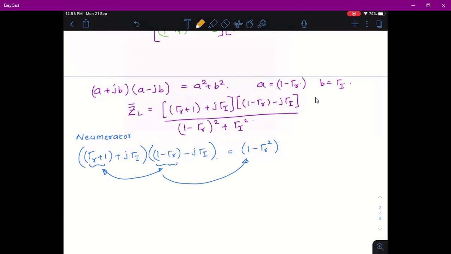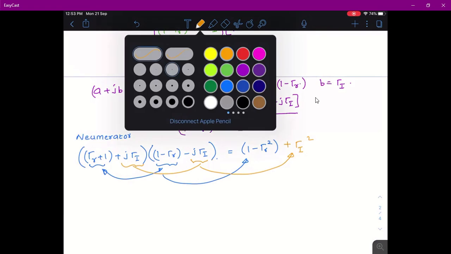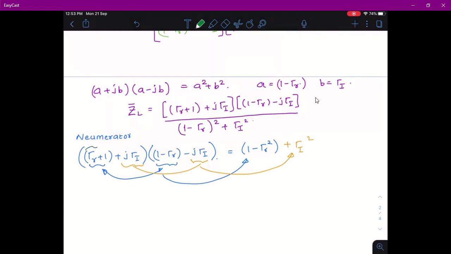Now let's multiply this and this. So we will get plus j tau I minus j tau I, which will give you plus tau I square. So you multiply this and this, so you get this. Now let's multiply this and this, so that you will get minus j tau I multiplied by tau r plus 1.